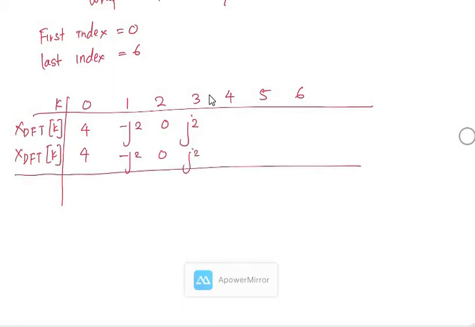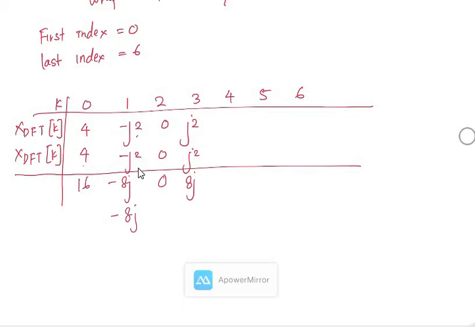Now you can multiply. 4 times 4 you get 16. 4 times negative 2j you get negative 8j. 4 times 0 you get 0. 4 times 2j you get 8j. Starting from the next one, negative 2j times 4 you get negative 8j.